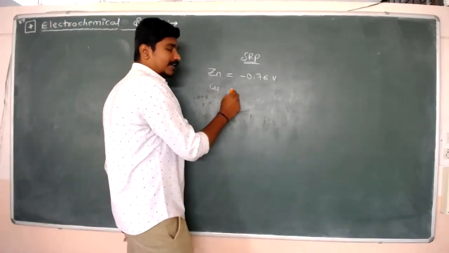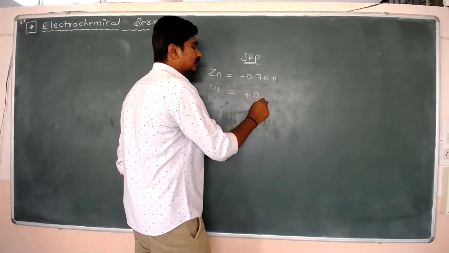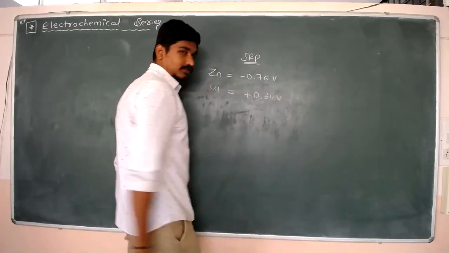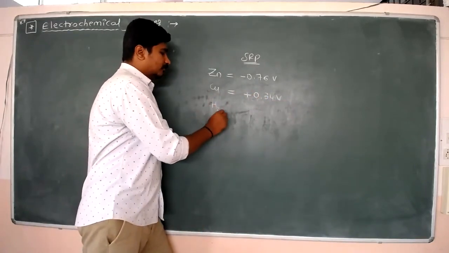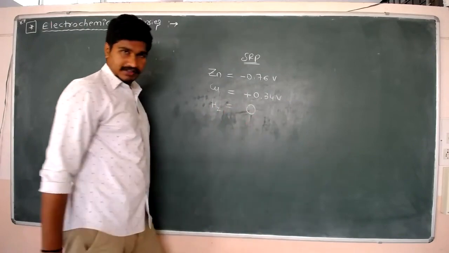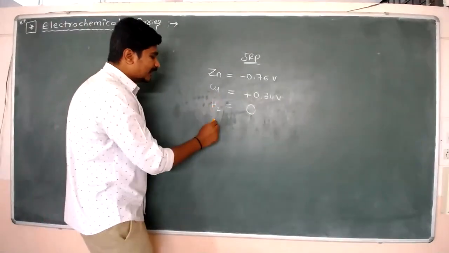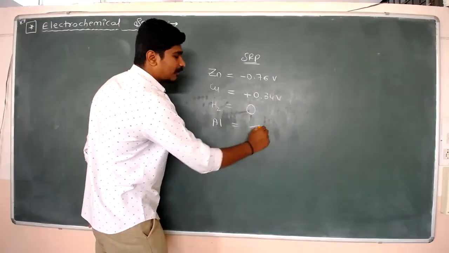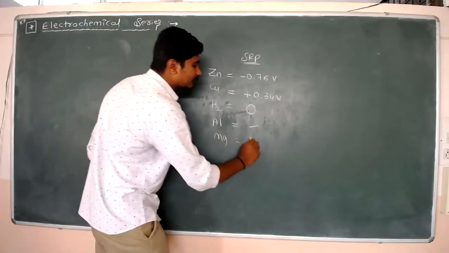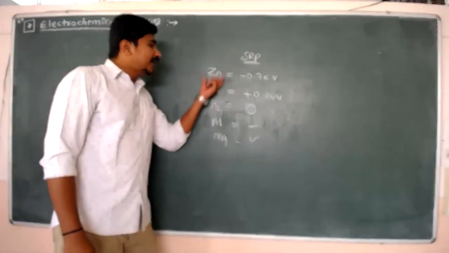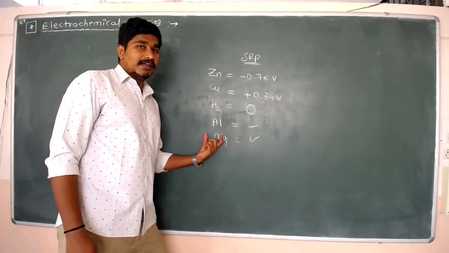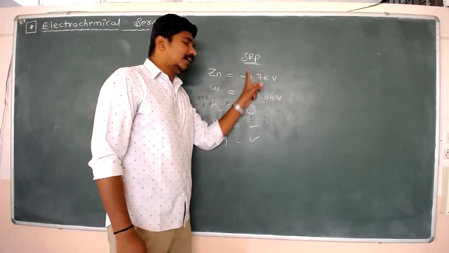For copper, the SRP value is plus 0.34 volt. For hydrogen, we assume it as 0. Similarly, for aluminium and magnesium, some SRP value is there. Various elements have fixed SRP values.